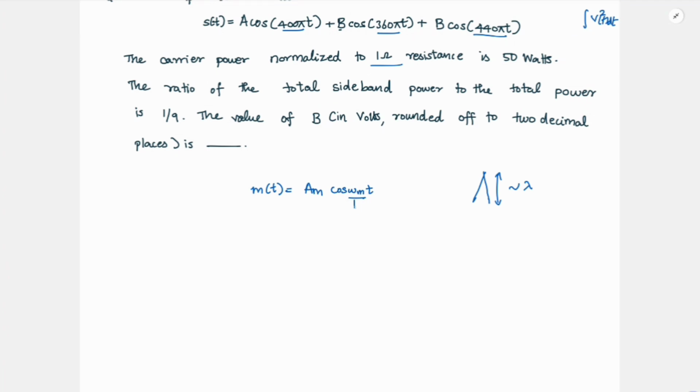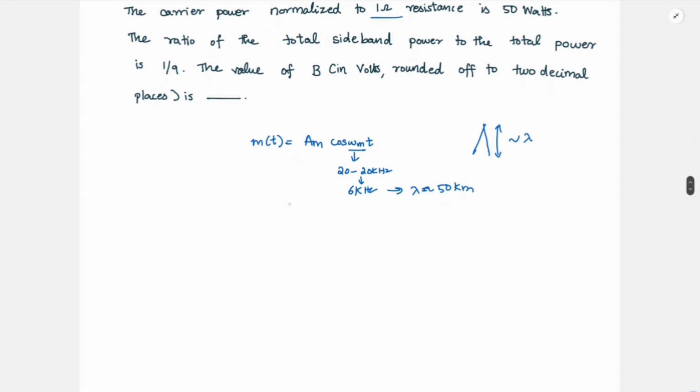Usually this omega m is going to be very small. For a speech signal, the range is 20 hertz to 20 kilohertz, and the usable range is approximately up to 6 kilohertz only. The wavelength of this is approximately 50 kilometers, so you cannot have such a big antenna.